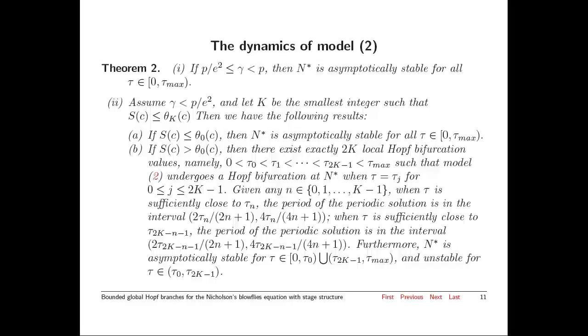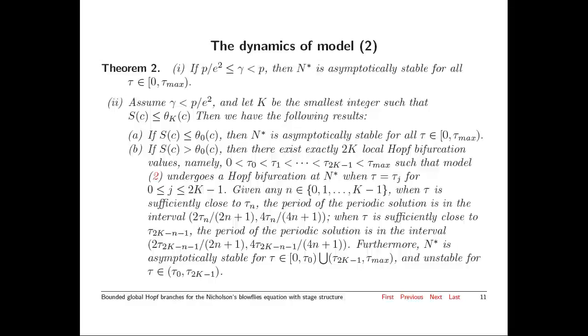We obtained that if gamma in this case is less than P or larger than P squared, then N star is asymptotically stable. Otherwise, if S at C is less than or equal to theta naught at C, then the positive equilibrium is also always asymptotically stable for any time delay.